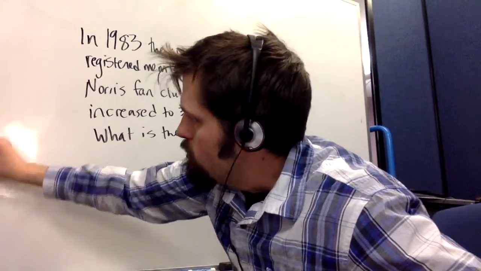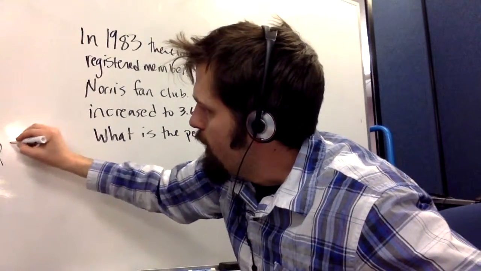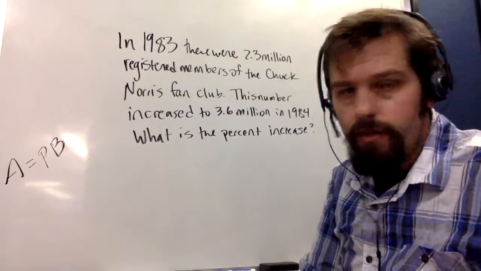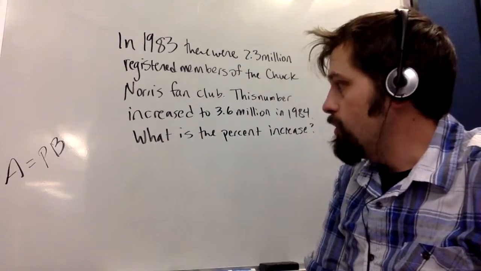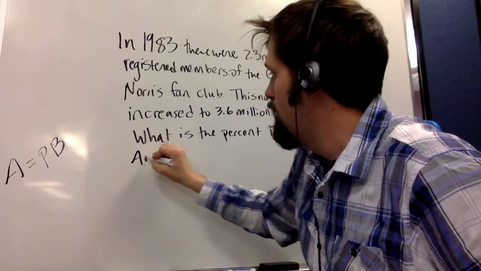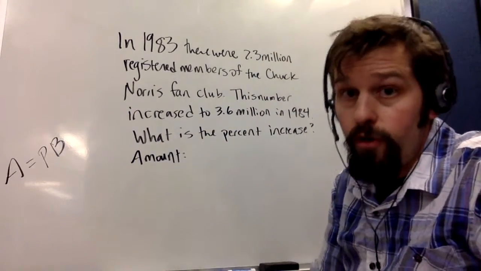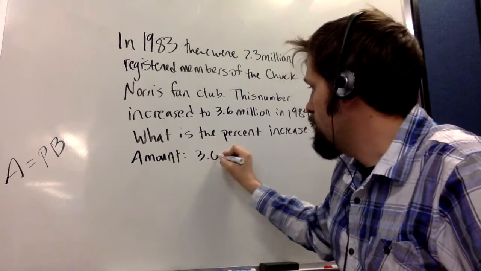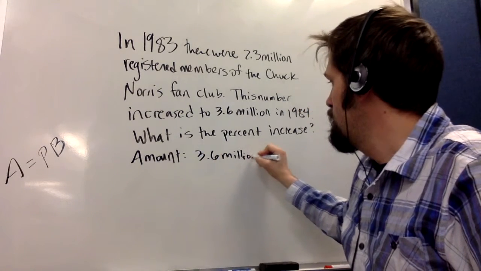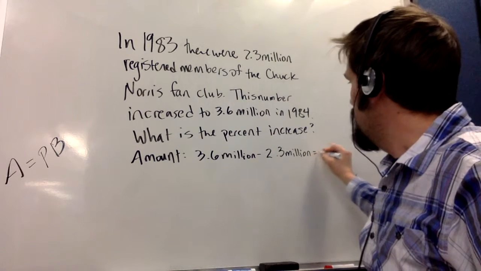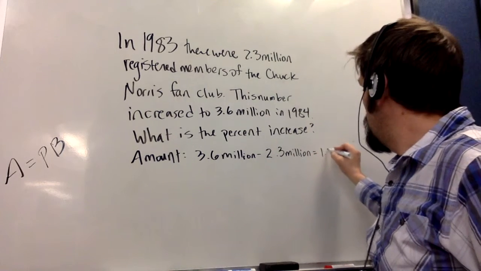We can still use amount equals percent times base. Ooh, sorry. Maybe I should write that so you can see it. What a concept. So amount is going to be the difference between where we started and where we ended. 3.6 million minus 2.3 million equals 1.3 million.